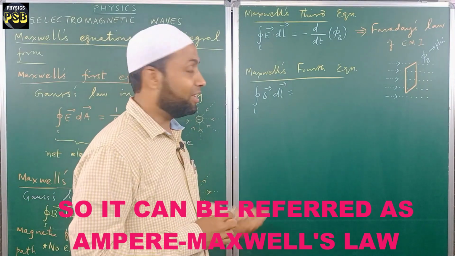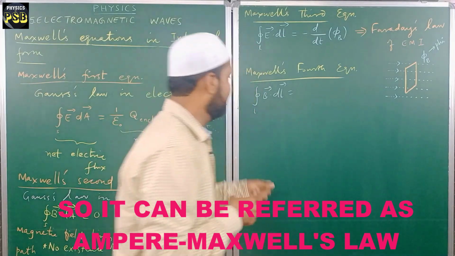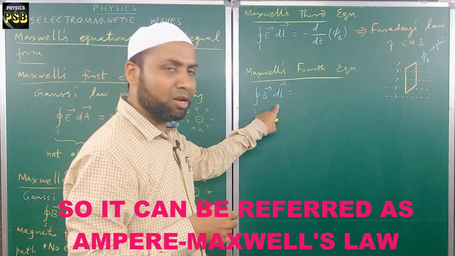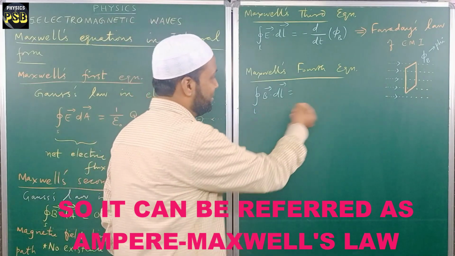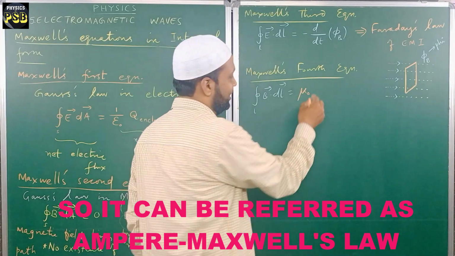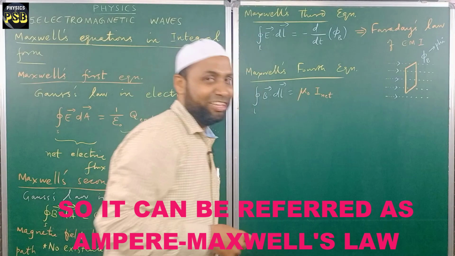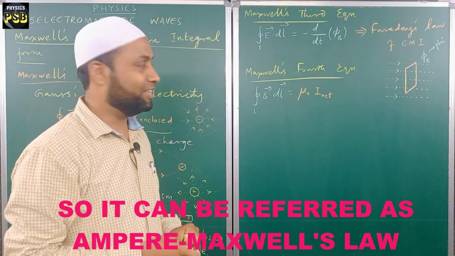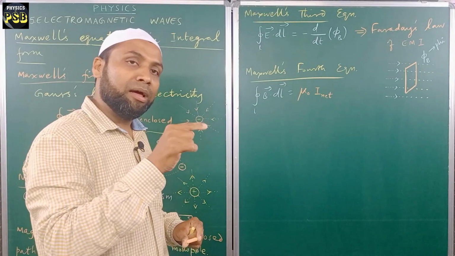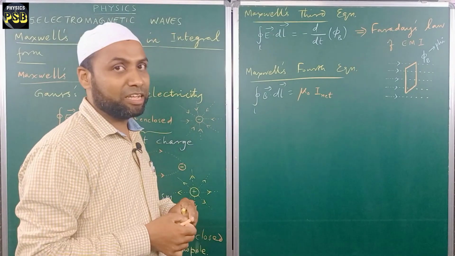What is Ampere's circuit law? Ampere's circuit law is nothing but this. The line integral of B dot dl over a closed path is equal to mu naught times the net current enclosed by the surface or by that path, flowing in that closed path placed in that surface.